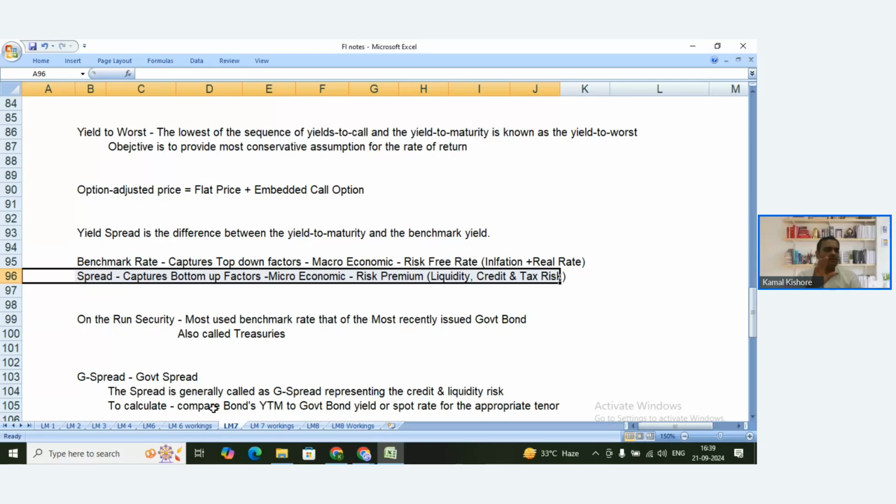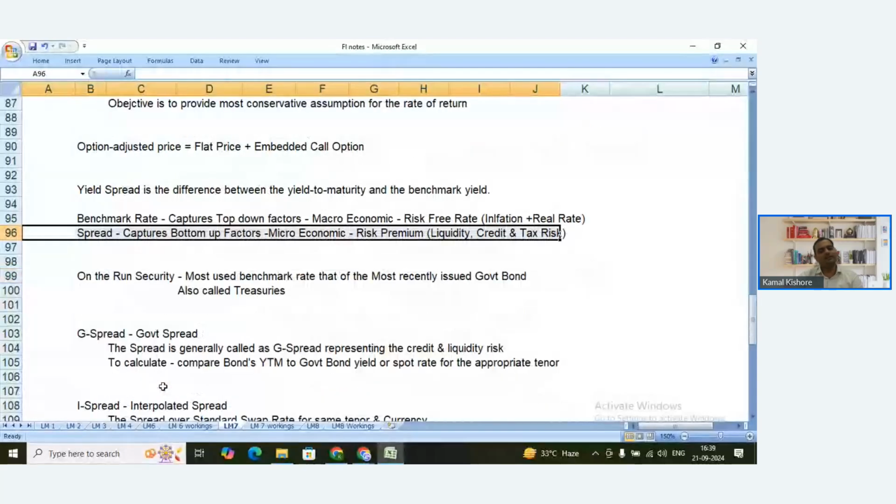So the G spread, the government spread, is simply the risk premium, which represents your credit and liquidity risk. Tax is also there. All risks will come, don't worry.